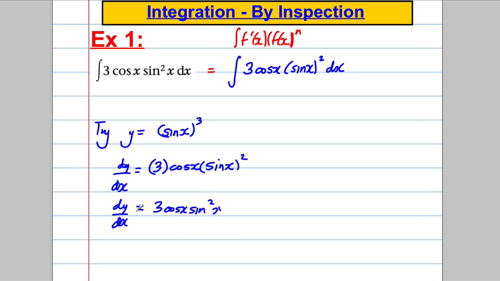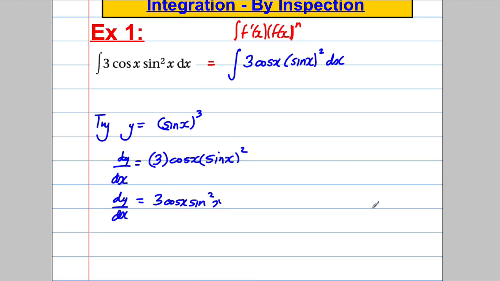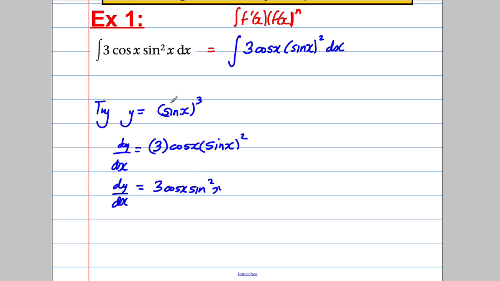So given that if we differentiate this function, we get this, therefore, when we integrate this function, we must get that back. So therefore, by inspection, the integral of 3 cosine x sine squared x with respect to x must be this here, sine cubed x, but plus a constant.